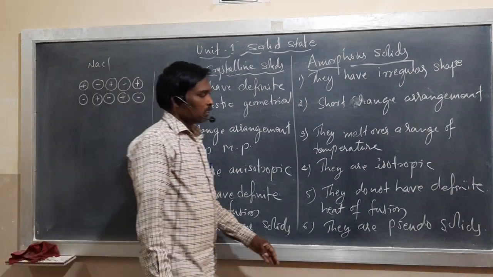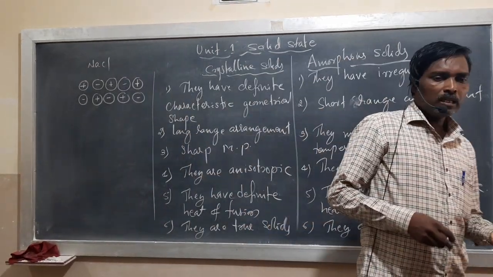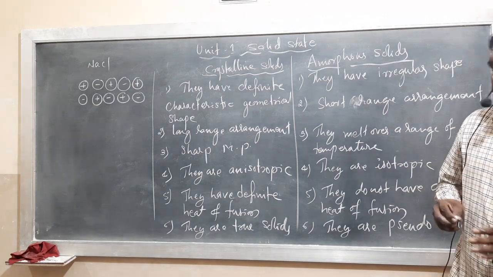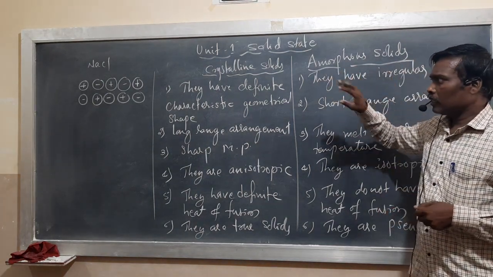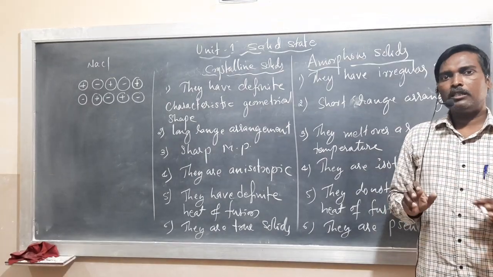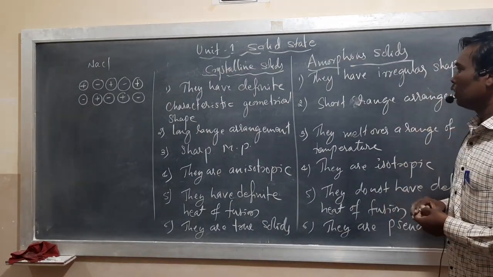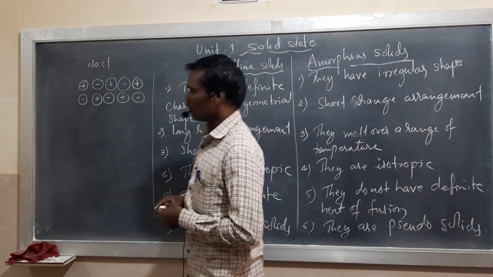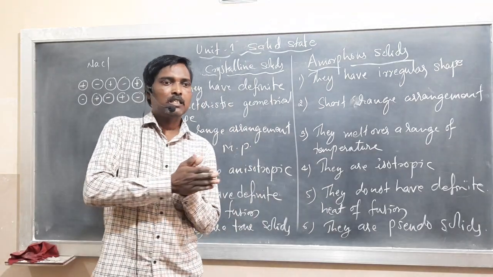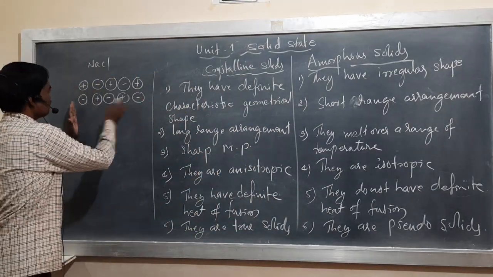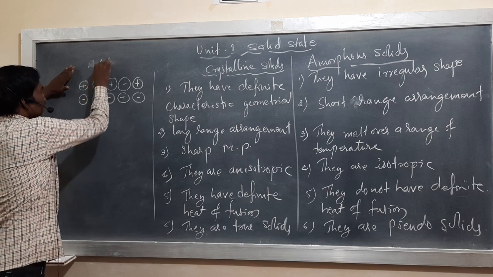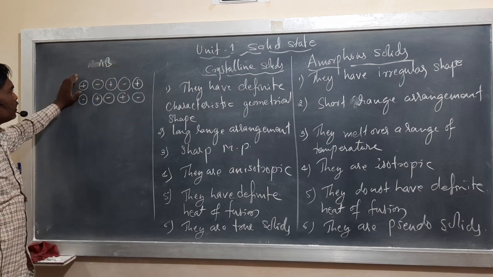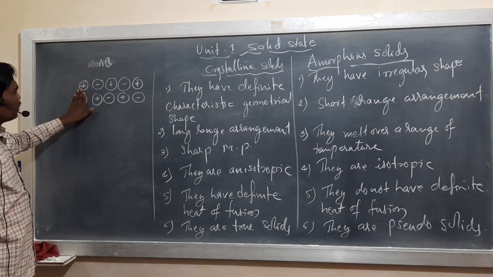And friends, in amorphous solids the arrangement is irregular in shape, or we say it is a short range arrangement. The arrangement of the ions is disturbed after a certain distance. For example, say there is a compound with A and B, where A is positive and B is negative.